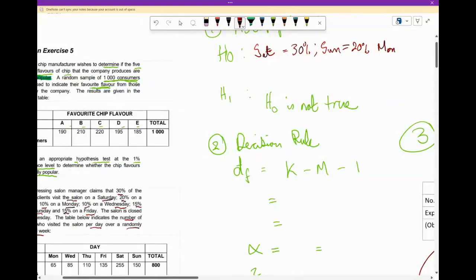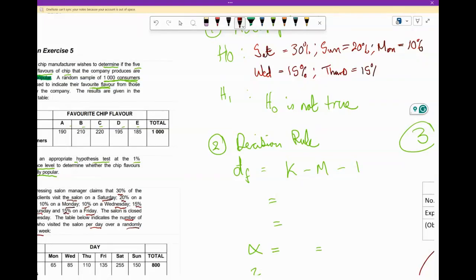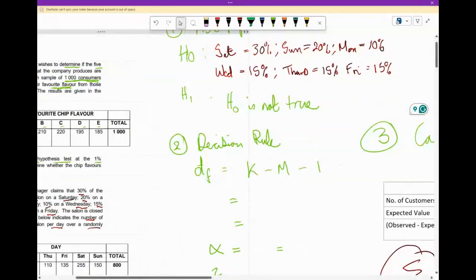Monday is equal to 10%. Wednesday, 10%. Thursday, 15%. And then Friday, 15%. Oh, that's done. So then obviously the alternative is that it is not true.